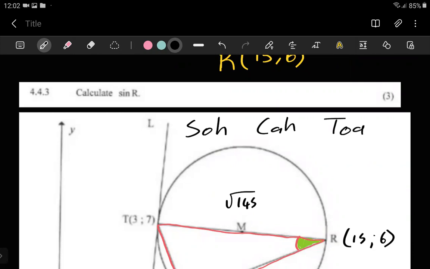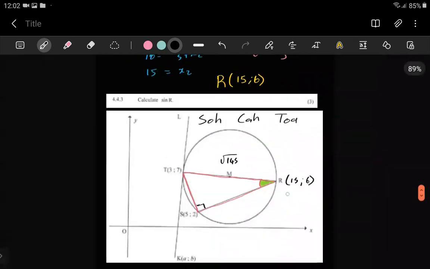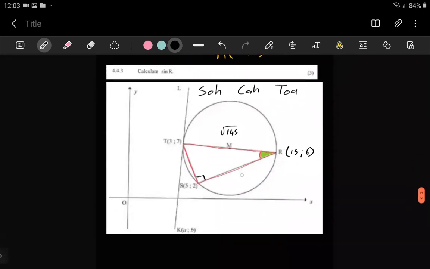Yeah. So let's just quickly do this question. Since we already have the hypotenuse here, we might as well just get any other length for us to eventually get this angle.